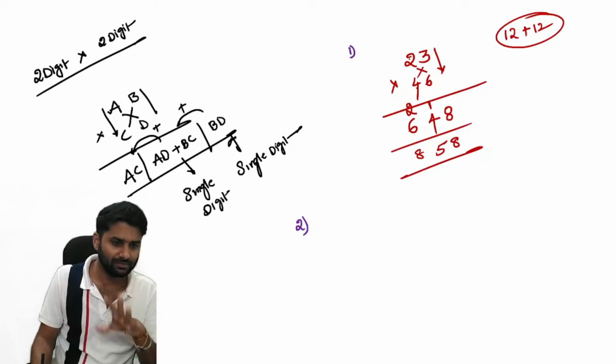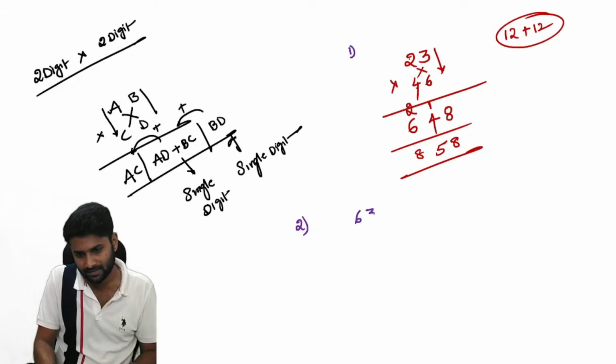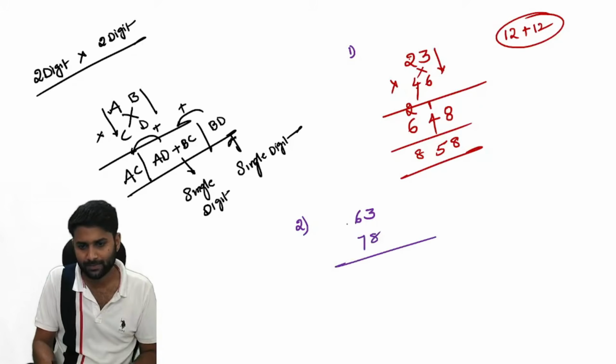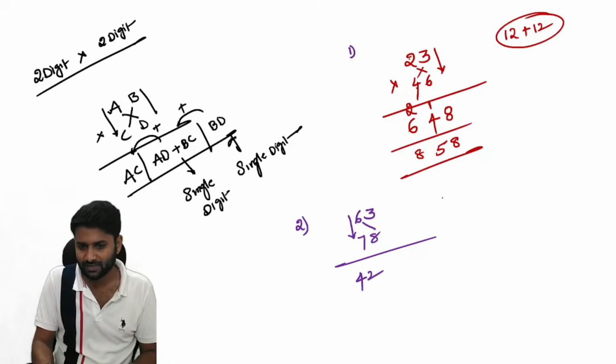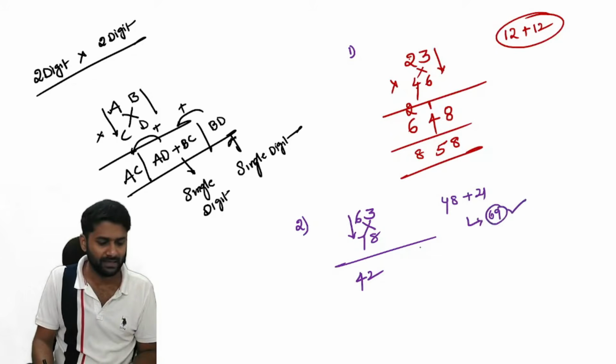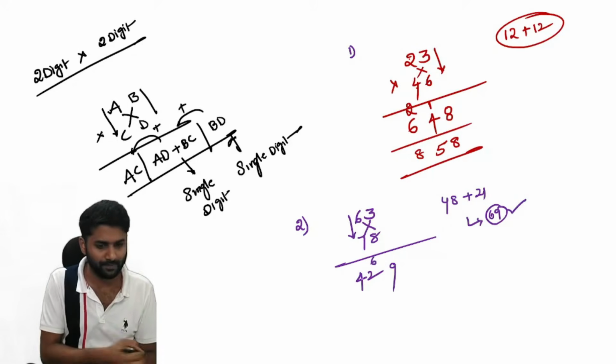So is it clear? And it's a universal method. You can apply it to any two-digit number multiplied with another two-digit number. Let's take an example. 63 is multiplied with 78. Step number 1, 6 into 7 is 42. Write down that number. Cross multiply them. 6 into 8 is 48, 7 into 3 is 21. If you go through the sum, then the resultant is 69. 69 means write down 9 and 6 must be carried over.